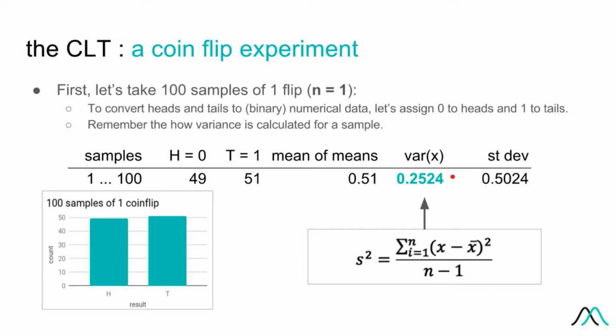Recall how variance is calculated for a sample. This number is the n-1 average that all these means are away from the very center. It's their average squared difference from the very center. And this makes sense. 0 and 1 are both about 0.5 away from this, and squaring that number gives about 0.25.